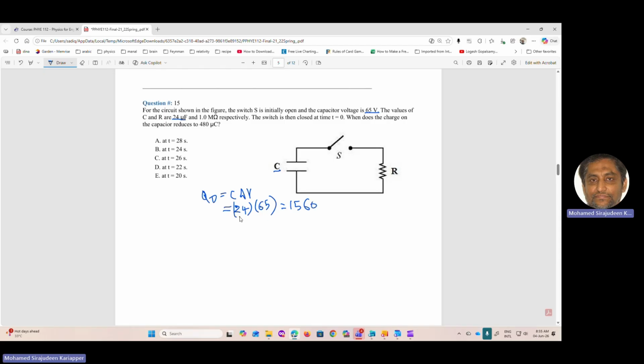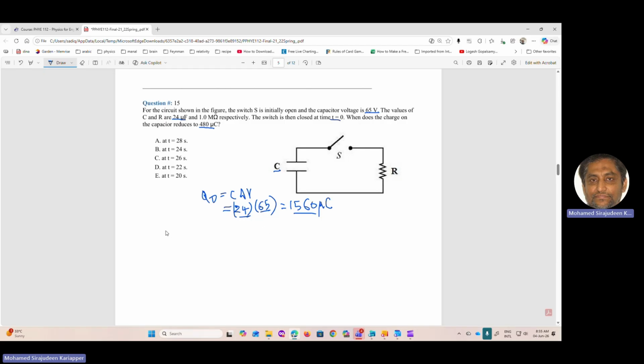Since we put this in microfarad and this is in volt, this will be so many microcoulomb. I didn't bother to change it to Coulomb. I'll tell you why in a minute. So the switch is closed at t equal to 0. The question is when the charge reduces to 480 microcoulomb, starting with 1560 microcoulomb.